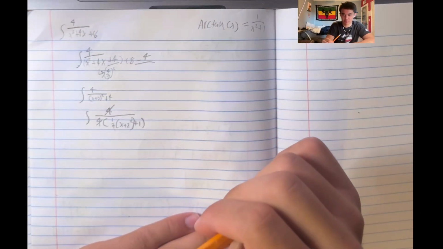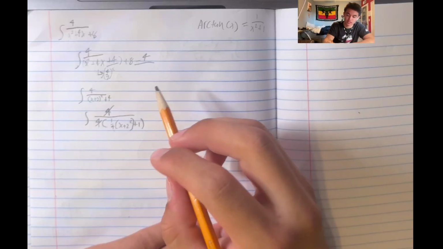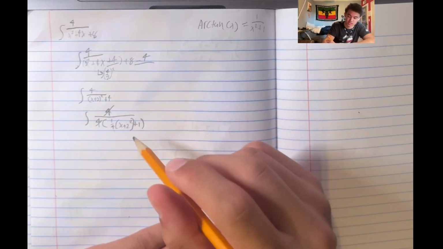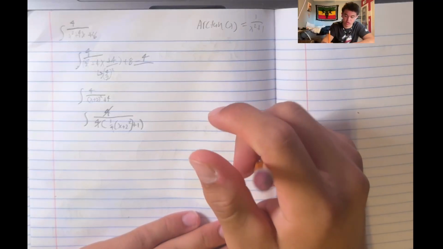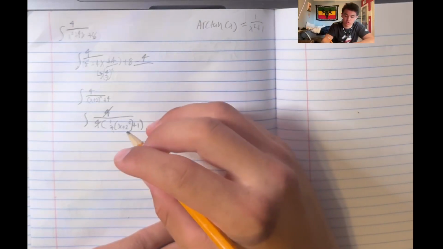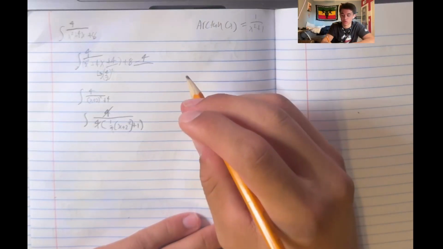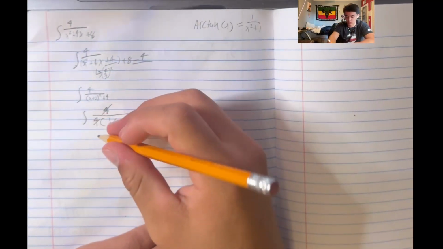That's definitely a bit of a mouthful. But now we've got a 1/4 on the outside here, and we've got to put it inside so we can turn it into our u thing. I'll just show you.